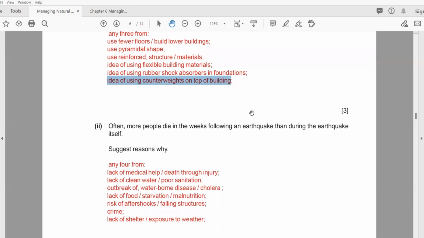If the earthquake comes in a place where snow is falling, people don't have shelter, so they are exposed to the open sky and can die there. These are all the reasons why the death rate can be higher after the earthquake. Got it?